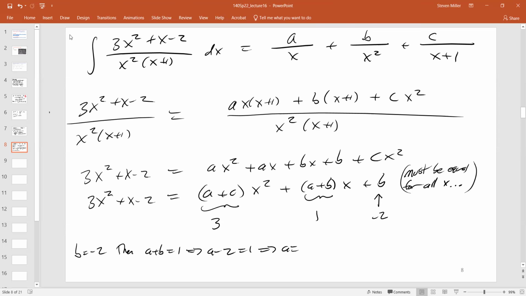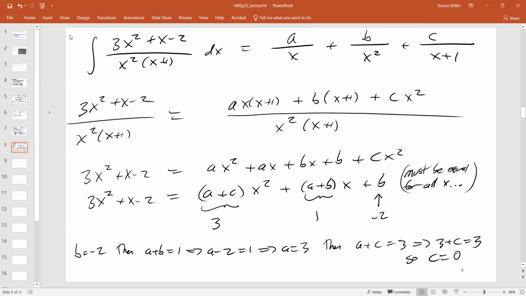So a equals 3. And then a plus c equals 3 becomes 3 plus c equals 3. So c equals 0.